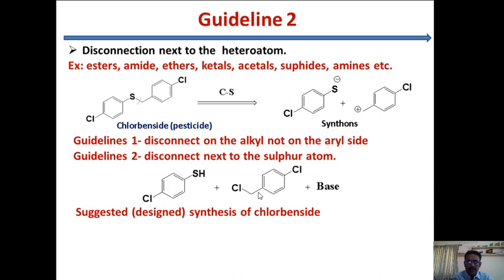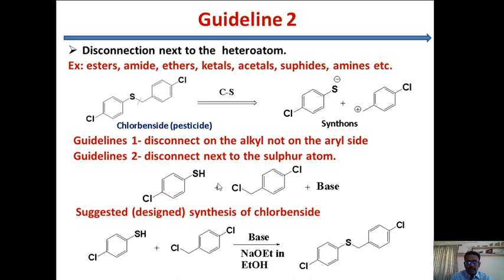Then you can write the synthetic scheme for this chlorobenside. First you take this para-chloro substituted thiophenol, then you treat it with para-chloro substituted benzyl chloride in the presence of a base. You can use sodium ethoxide in ethanol as the base, so you can easily reach the target molecule, chlorobenside.